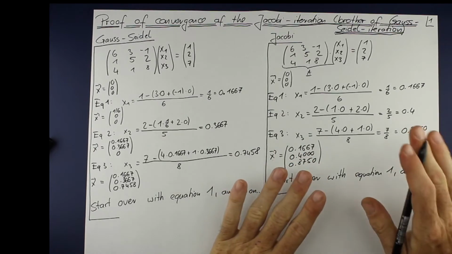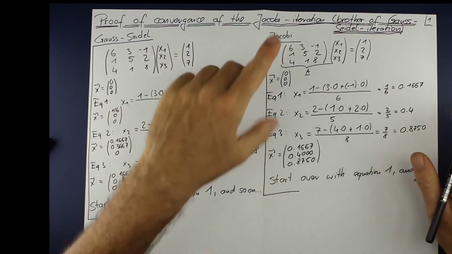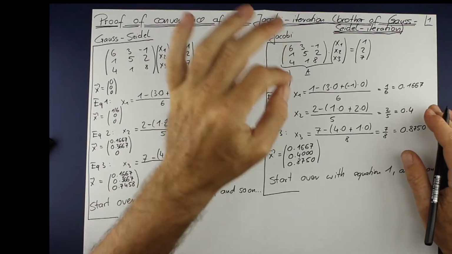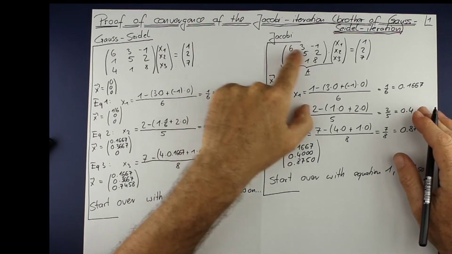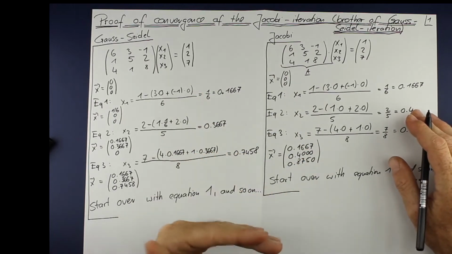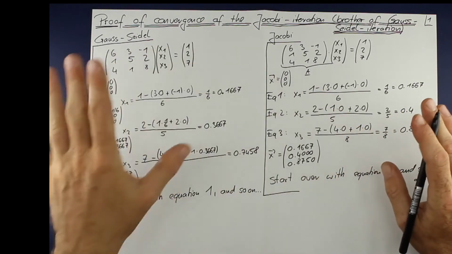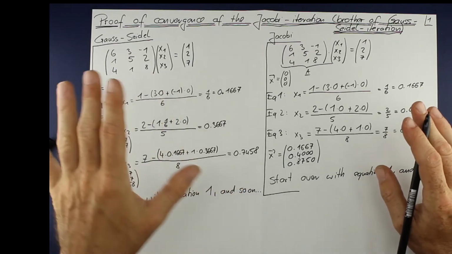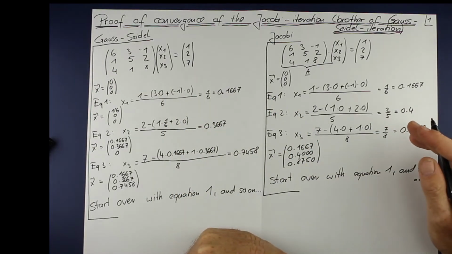Okay, this is Jacobi and this is Gauss-Seidel, and we will prove that Jacobi will converge to the solution if the coefficient matrix is diagonal dominant. And what will we use? We will use things we did in the videos before. There we prepared the field, so now we can do that proof.